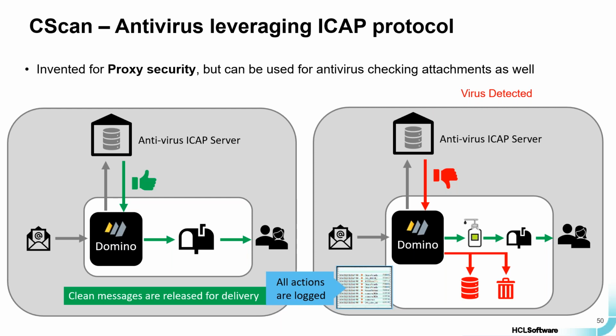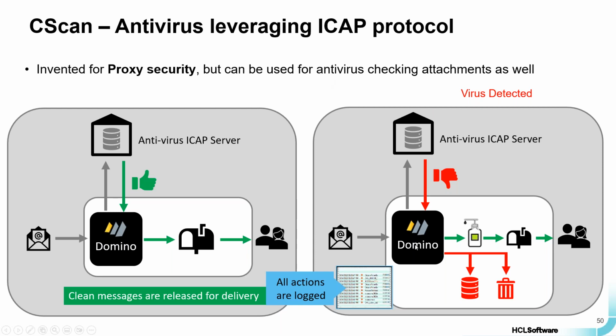It is mainly intended for proxy security, so it's sending the whole proxy traffic to an ICAP server, and it's checked and filtered on the ICAP server for viruses, for unwanted content in general, and then we're using it here for Domino in a way that we say, okay, there's this ICAP server somewhere on your network or in the cloud. Email comes in, it comes into the mail router, and it is sent to the ICAP server. If everything is okay, then it just works.